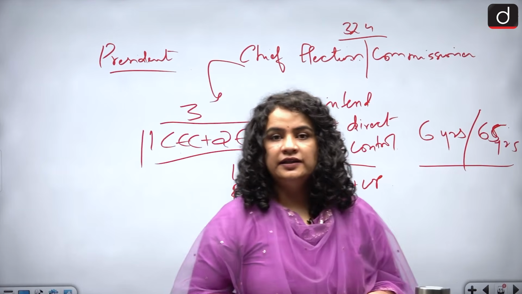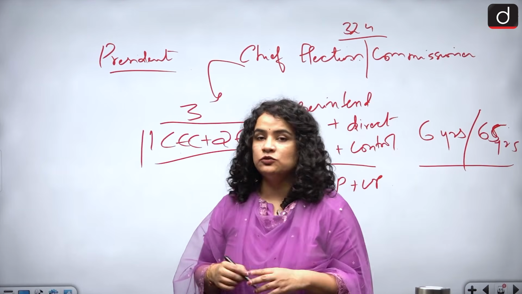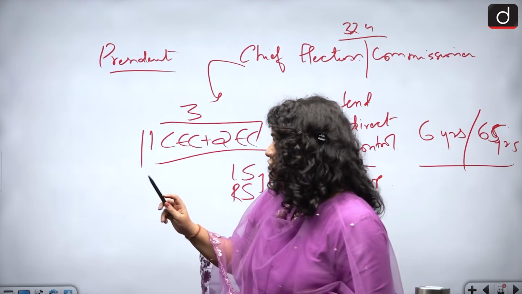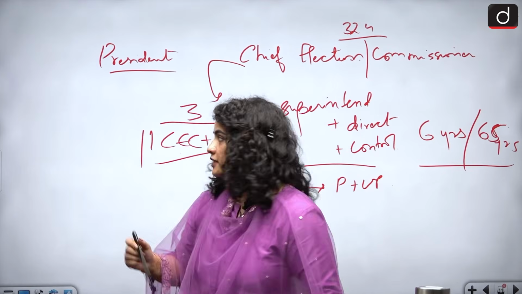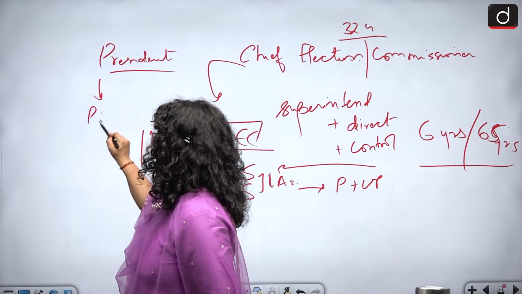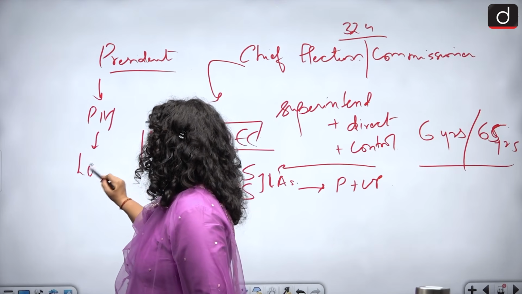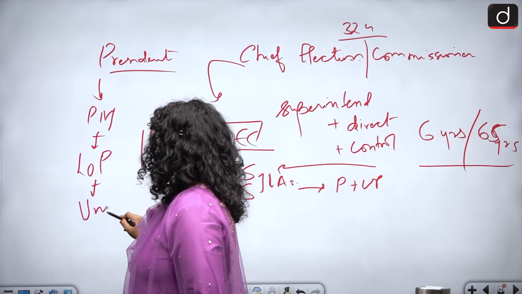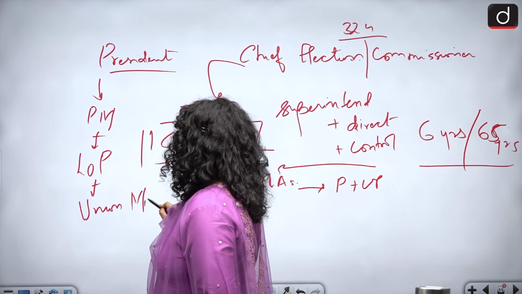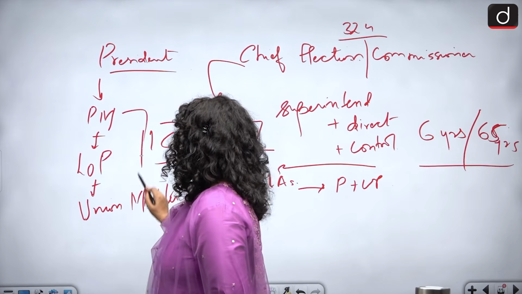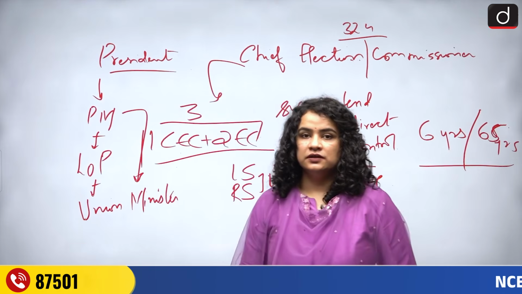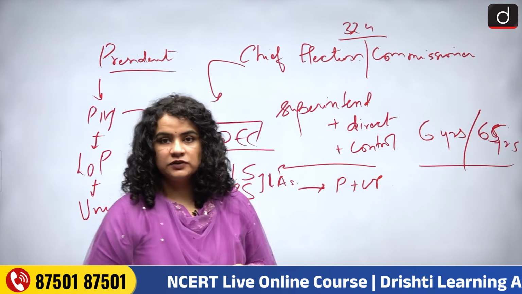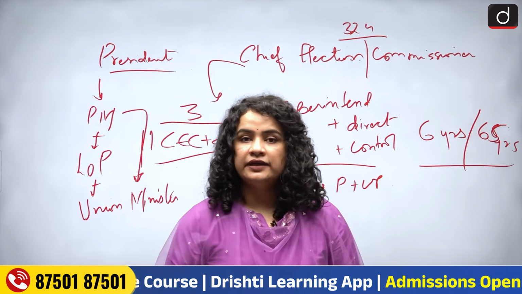But in 2023, there was an amendment to the Act which is known as the Chief Election Commissioner and Other Election Commissioners Act, with which there was a selection committee which consisted of the PM, a leader of the opposition, and a cabinet minister or a union minister appointed by the PM, which appoint the election commissioners. So this happened after the 2023 Amendment Act.